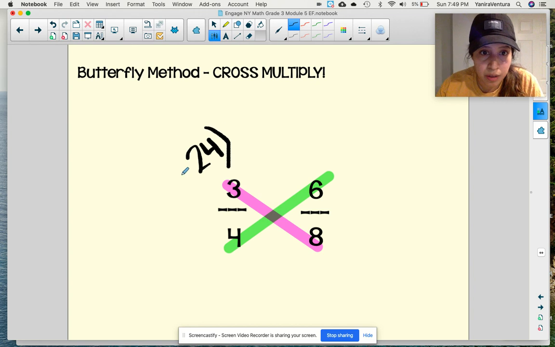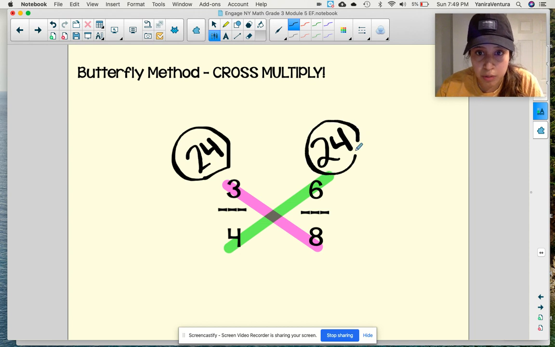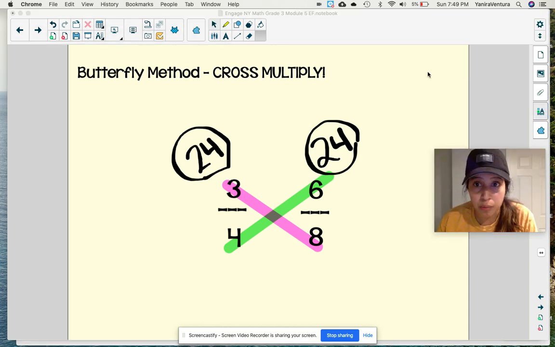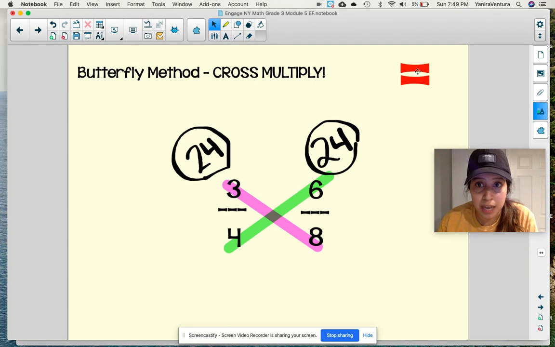I'm going to circle that. And then when we cross and multiply 4 and 6, we get a product of 24. So we're going to circle that. So here we can see that our products are the same. So that lets us know that our fractions 3/4 and 6/8 are actually equivalent.